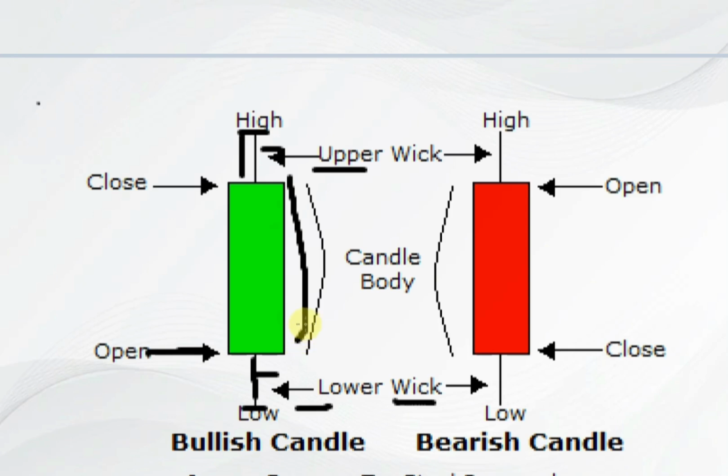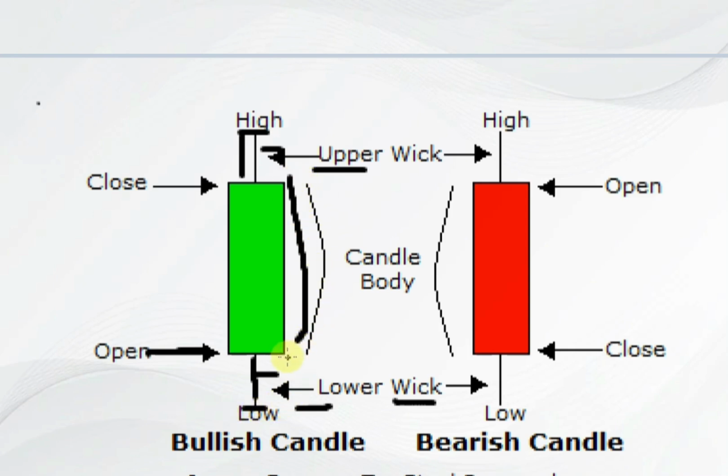The body is the main part of the candle, showing the open and close price, and the wick, also called a shadow, is the line extending from the body indicating the high and the low prices, the highest price it went to and the lowest price it went to.